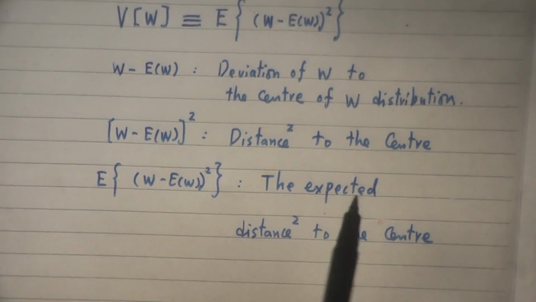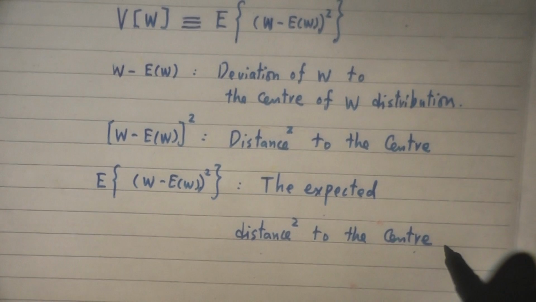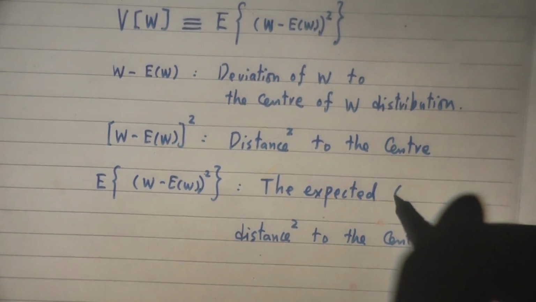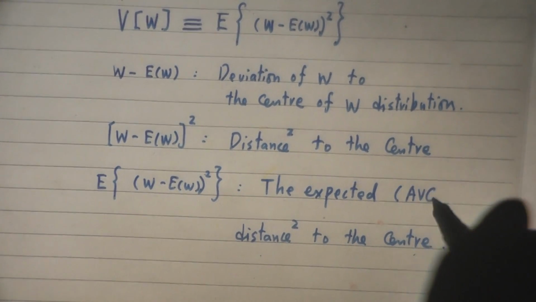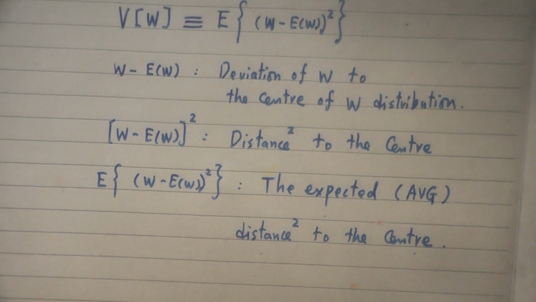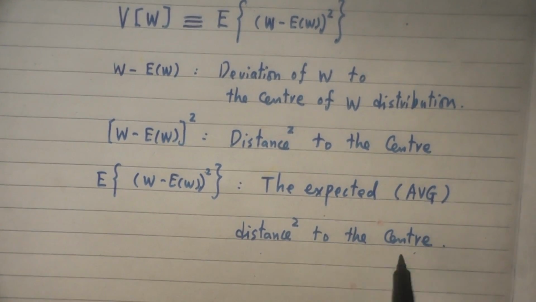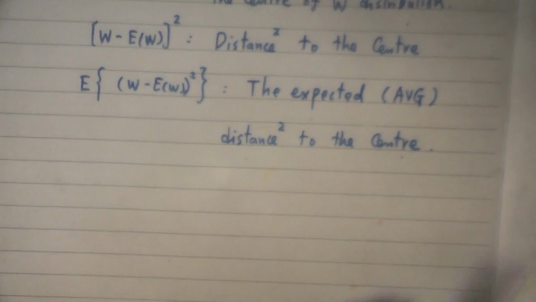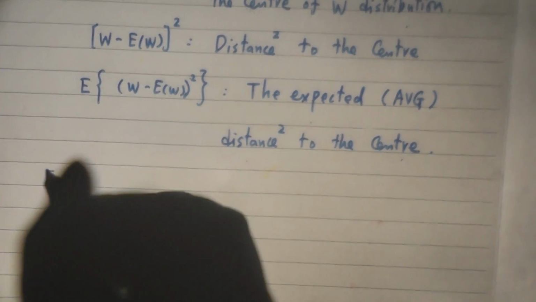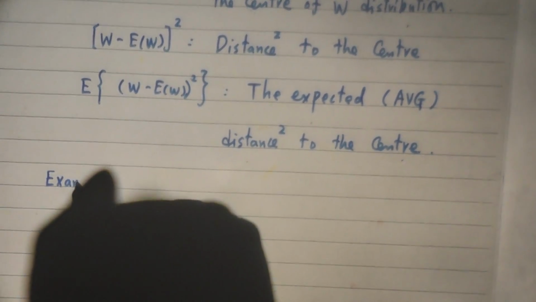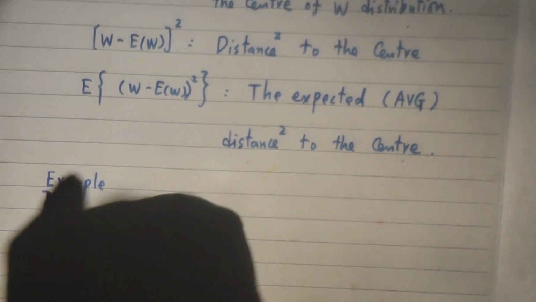You can say this is the expected distance squared to the center, or you can say the average distance squared to the center, okay? So the average distance squared to the center, or the expected distance squared to the center, is what we call variance, okay? Now, let's look at an example so you're familiar with the calculation of expected value, okay?